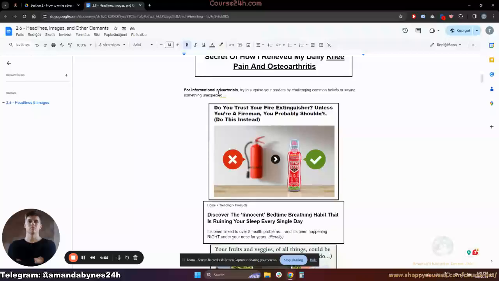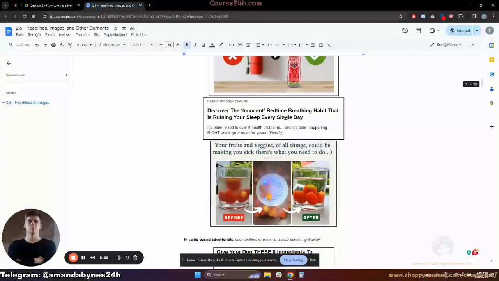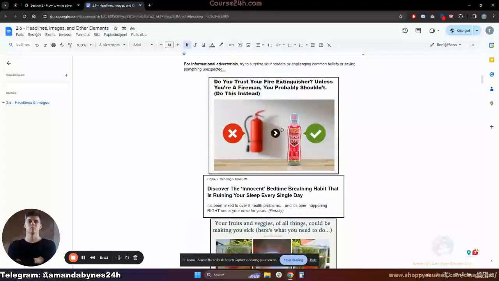For informational editorials that educate, you try to surprise the reader by challenging their common belief or saying something unexpected. Like, do you trust your fire extinguisher? Unless you're a fireman, you probably shouldn't. It basically suggests something they didn't know they needed.